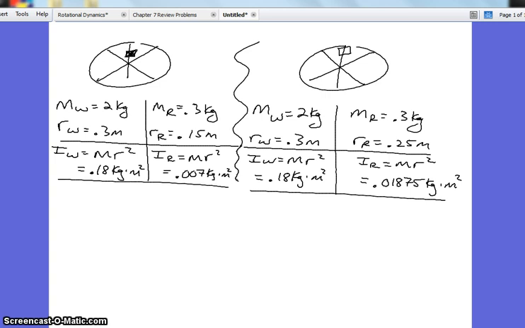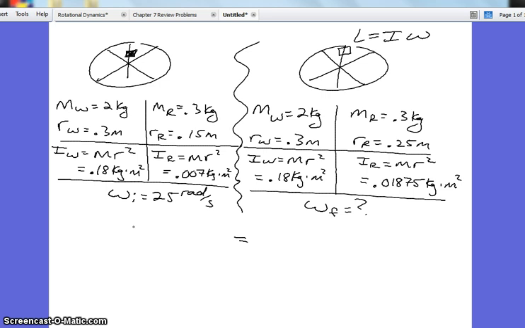Now we also have the initial and the final velocity. The initial velocity we were told was 25 radians per second, and we want to find the final angular velocity. So it's a conservation of momentum problem. And I'll write this to the side, angular momentum, L, is moment of inertia times angular velocity.